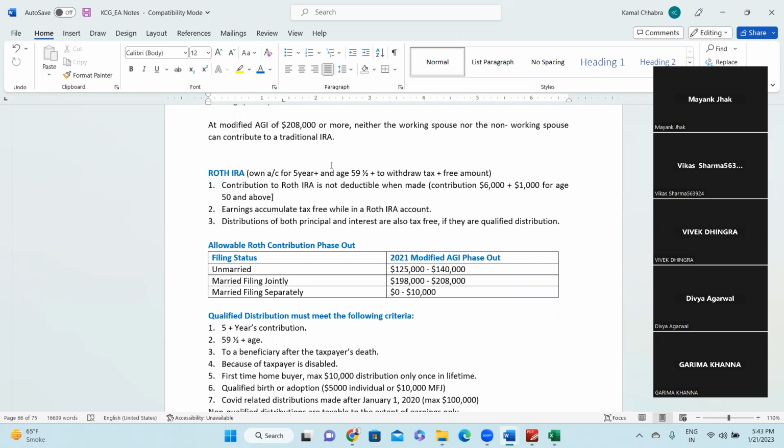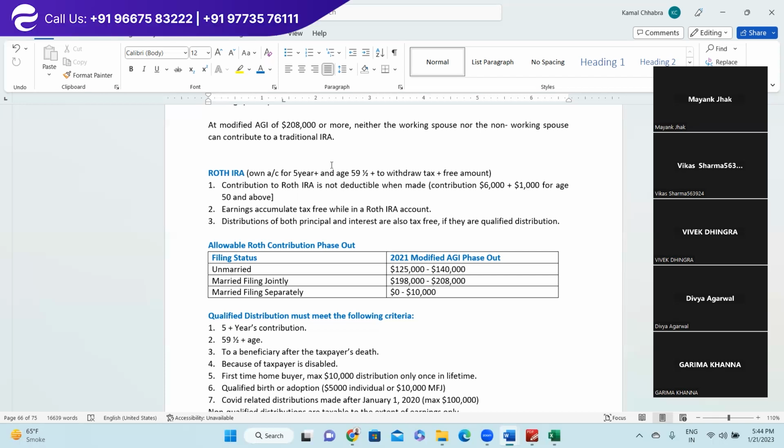For married filing jointly, $198,000 to $208,000. And married filing separately is $0 to $10,000 only. So here the phase out limits are very different from the traditional deductible IRA, right?